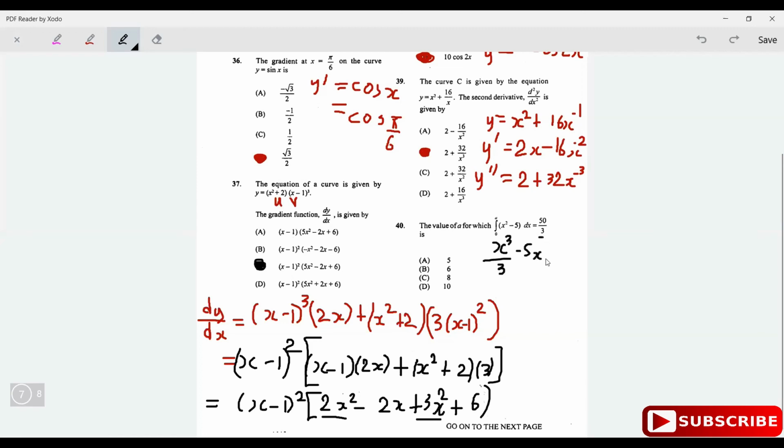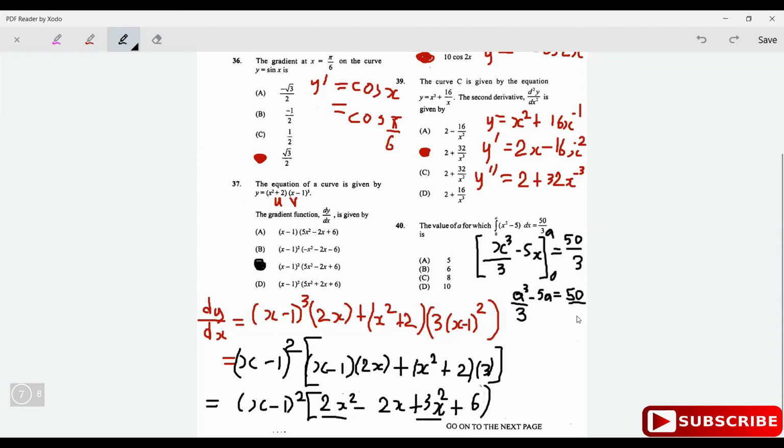And you're integrating from 0 to, not 3, to a, my apologies. And that is equal to 50 over 3. Now you plug in x as a, and so what we're solving is a cubed over 3 minus 5a.